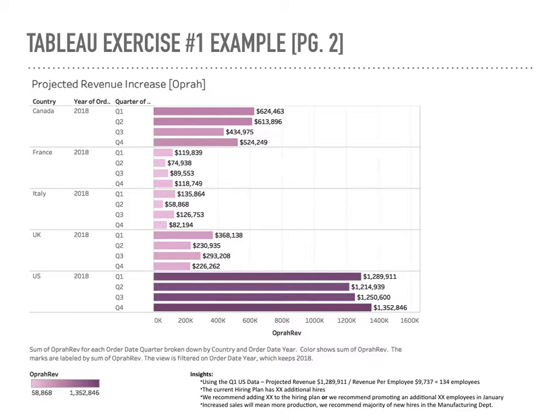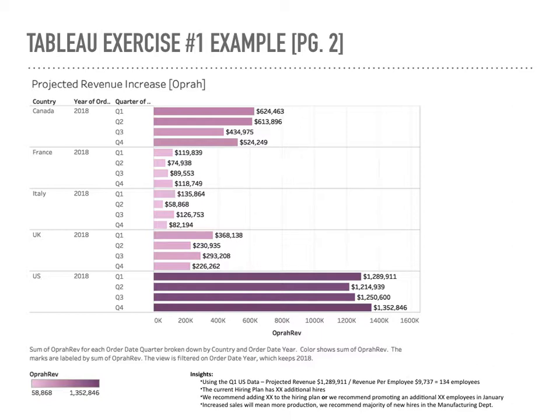So even though this says year of order date is 2018, this is really to give me a snapshot of what my 2019 revenue is going to look like based on this 38% bump. By looking at both of these worksheets, I've identified some anomalies and made some decisions, and that's what you're going to do in terms of putting together your insights.